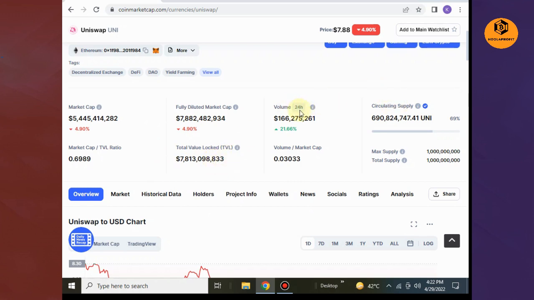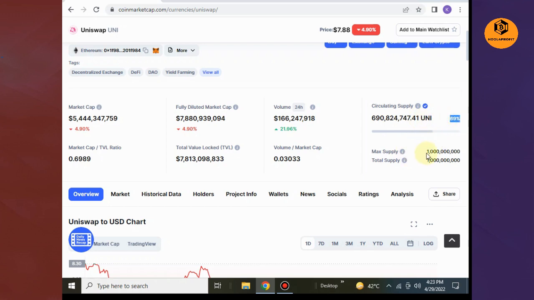And the total volume in 24 hours is $1,662,75751, which is 21.66% increased. So the volume to market cap value is 0.03033. The circulating supply is 690,824,747.41 UNI, that is Uniswap, and it's 69% they are saying.